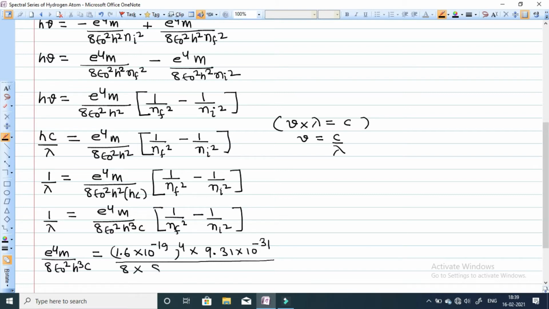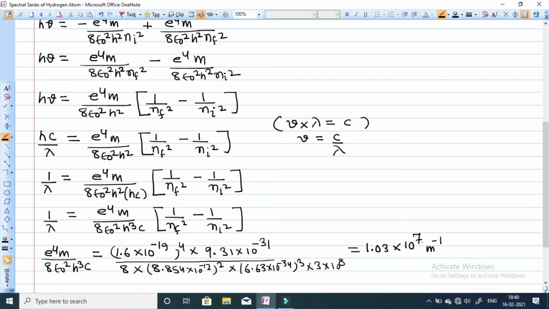Epsilon naught is also a constant, 8.854 into 10 to the power minus 12, you can check this value also, square into h cube, 6.63 into 10 to the power minus 34 cube, and speed of light 3 into 10 to the power 8 meter per second. When you simplify this value, it will be 1.03 into 10 to the power 7 meter inverse.